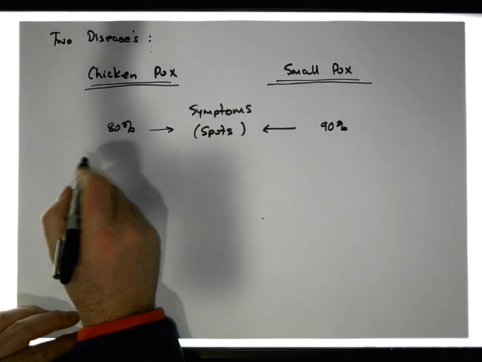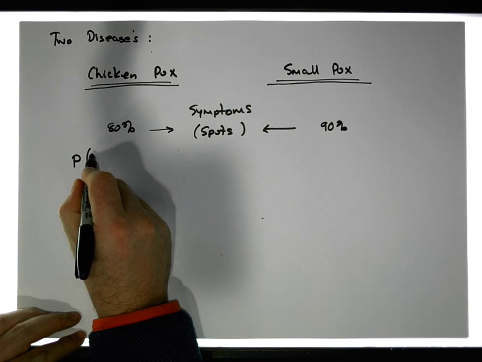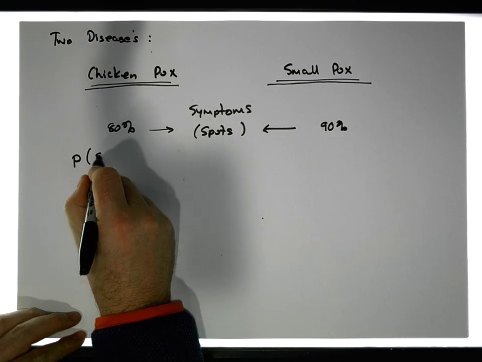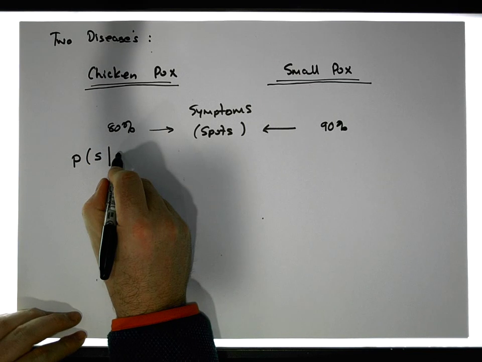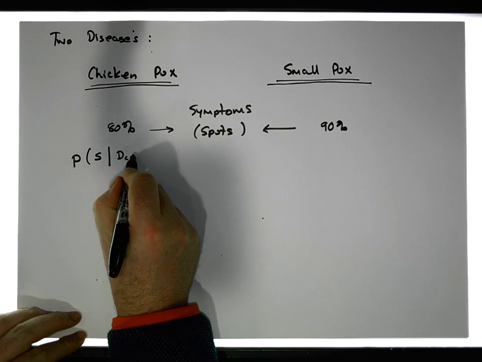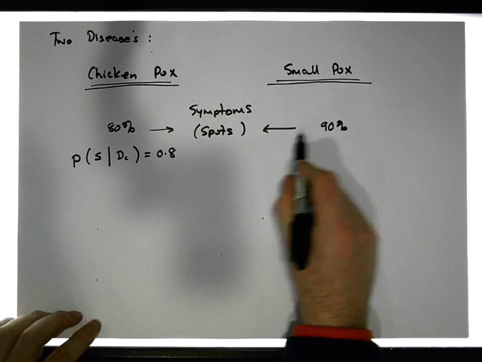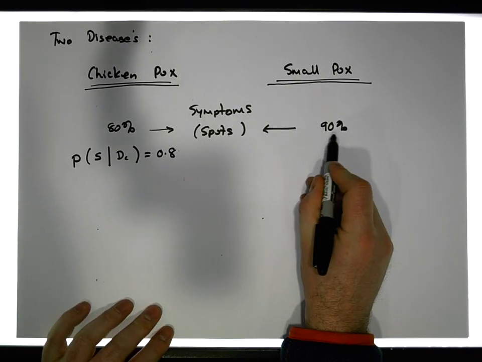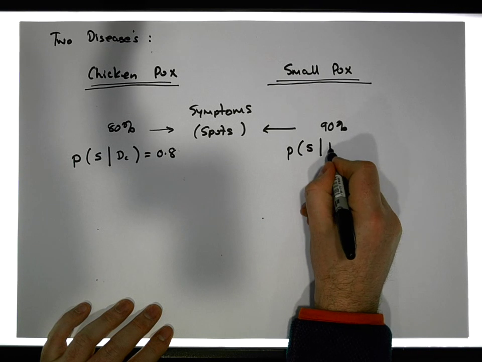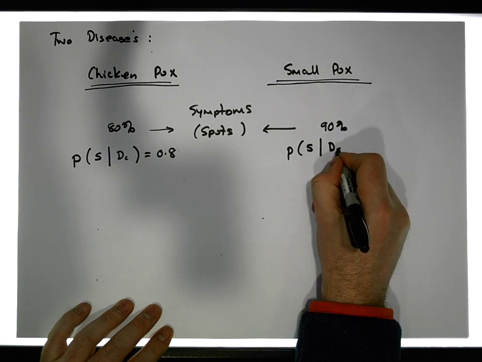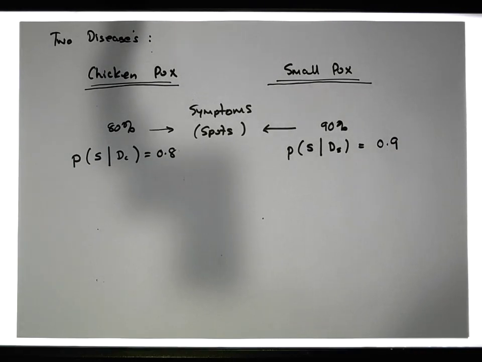The probability that you have spots, knowing that you have chickenpox, is 0.8. The probability that you have spots, knowing that you have smallpox, is 0.9. Let's keep that in mind.